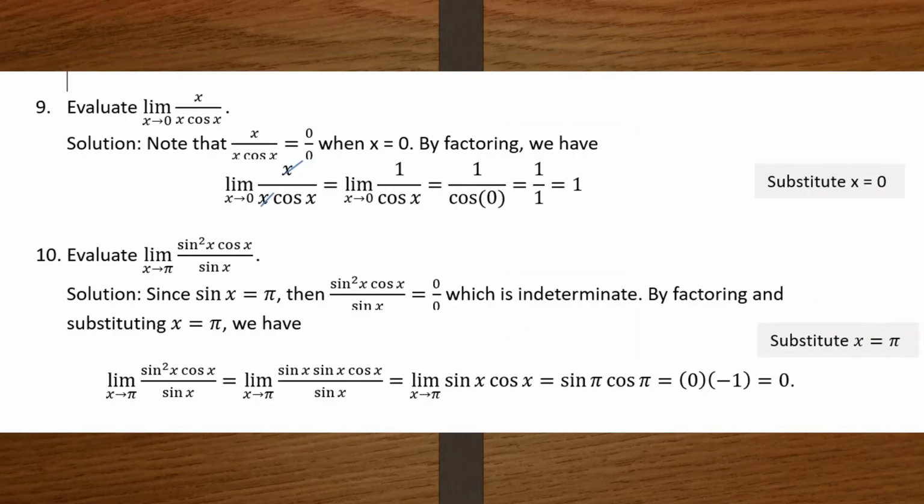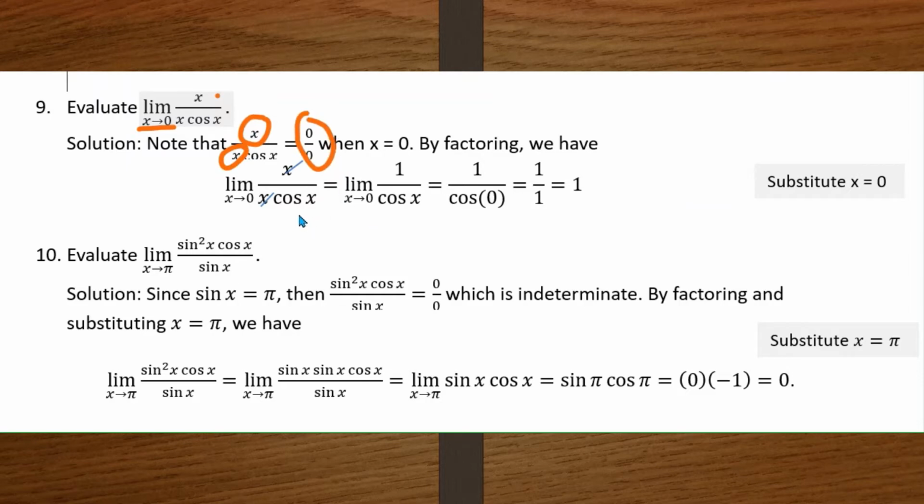Now we can also have the trigo functions wherein here the limit of x over x times cosine x as x approaches 0. So here it is obvious that we can immediately cancel out x here so that we cannot have 0 over 0 form.